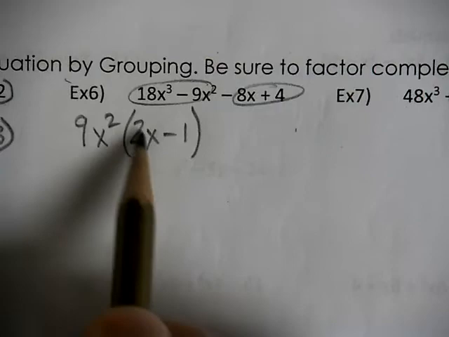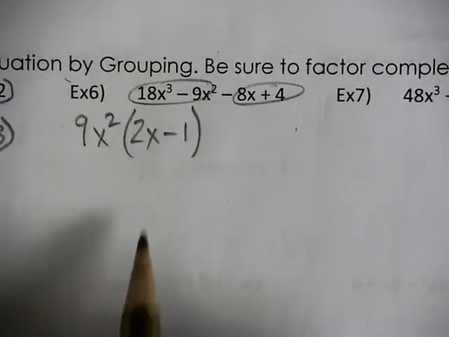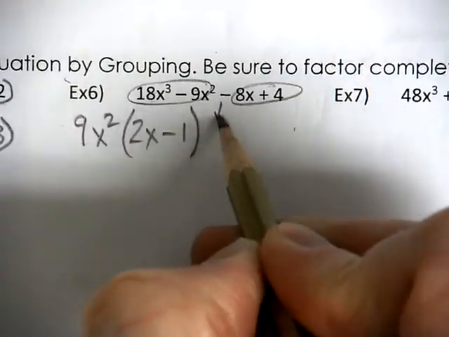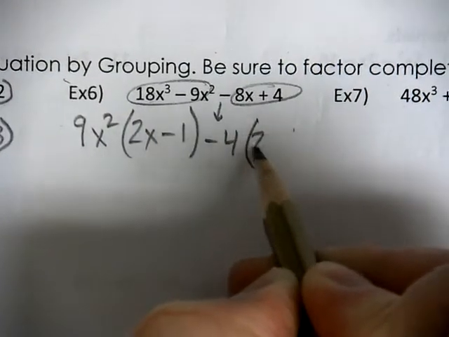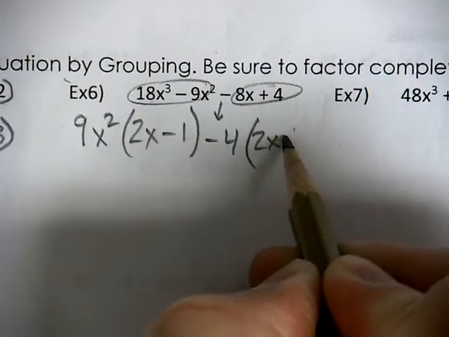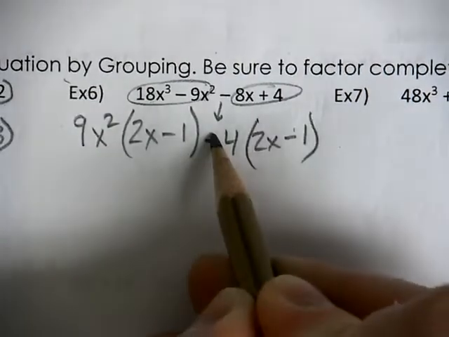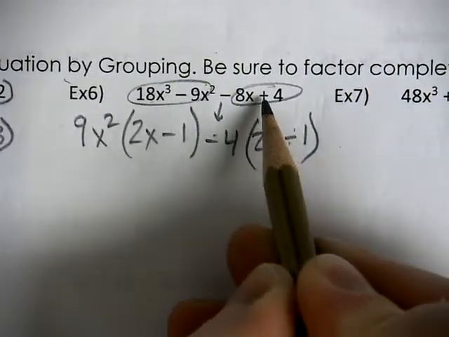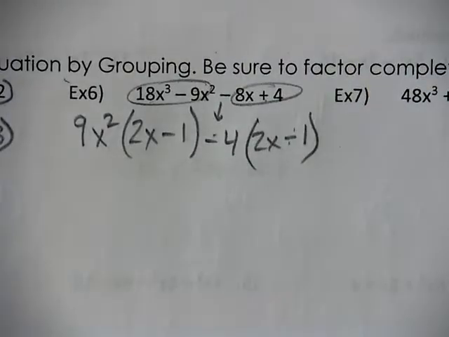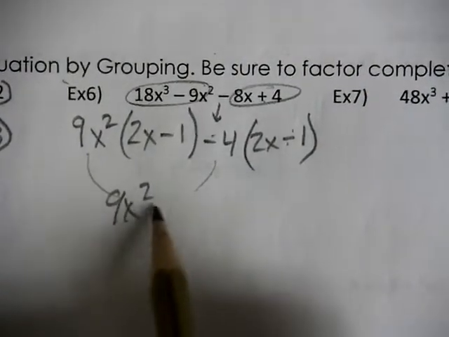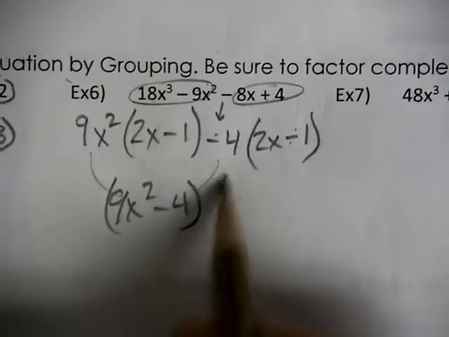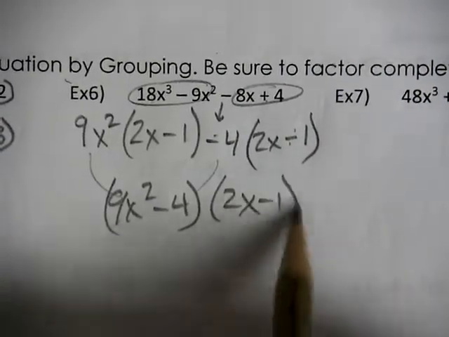You have to be able to distribute it back in to get two different values. Bring down your negative. Factor out your 4. That's 2x minus 1, because a negative times a negative makes a positive. Bring down my 9x squared minus 4 and 2x minus 1.